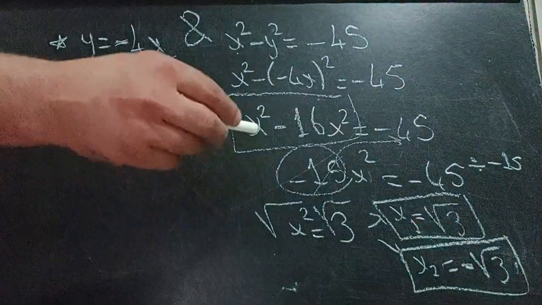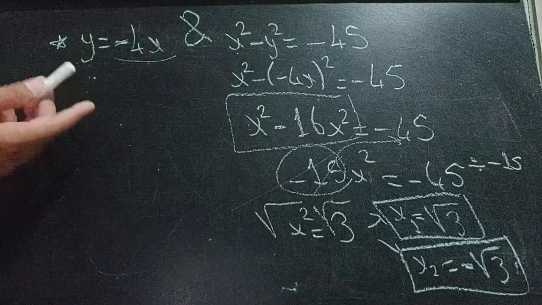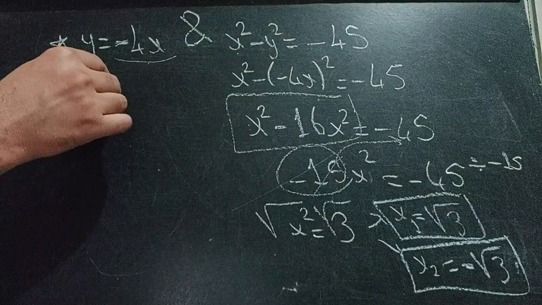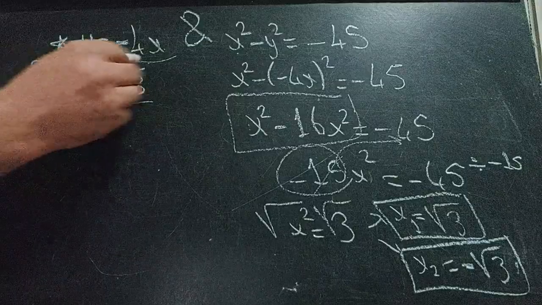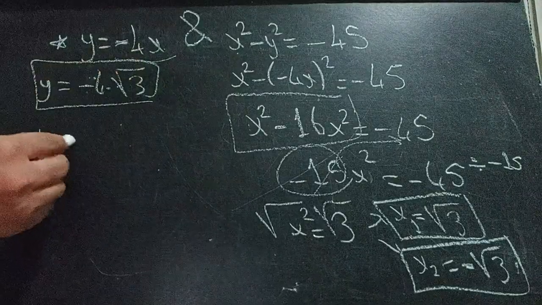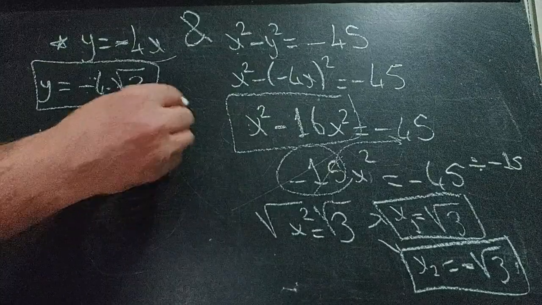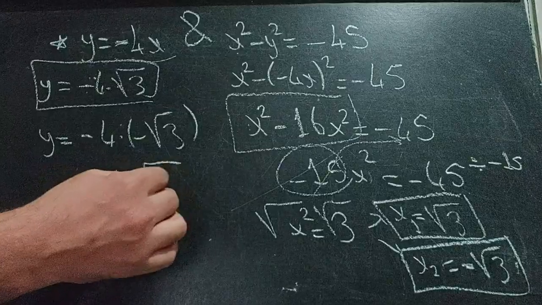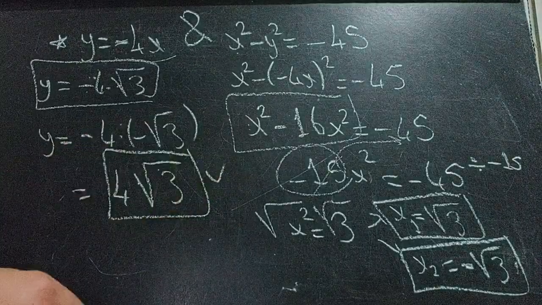So when you take those values and write them instead of x, you will get y equals negative 4 times square root 3 for the first one, and for the second one y equals negative 4 times negative square root 3. From there I will get positive 4 square root 3. That's going to be my second value of y.